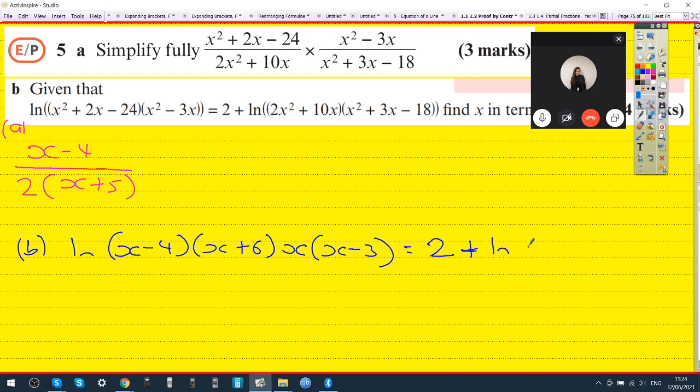So do we just want to multiply the brackets together? No. We want to divide, so we want to get rid of the right, bring it to one side. If you bring the ln over, it becomes minus. How do you subtract logarithms?